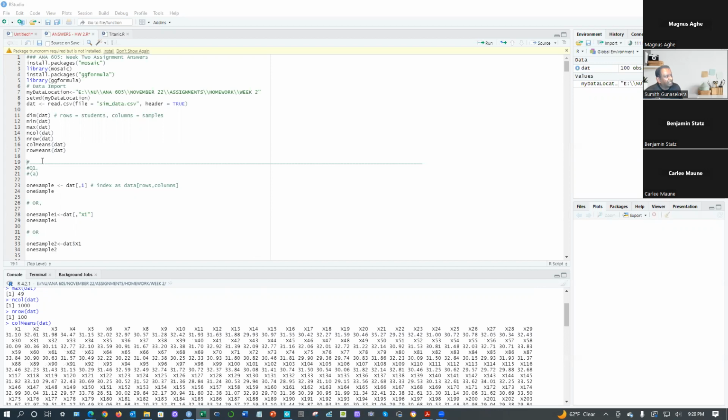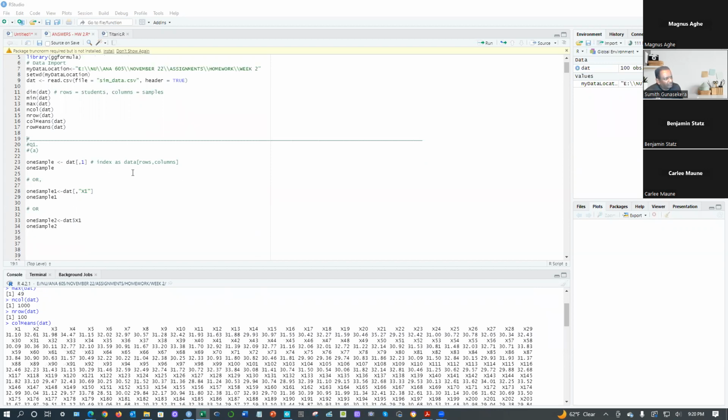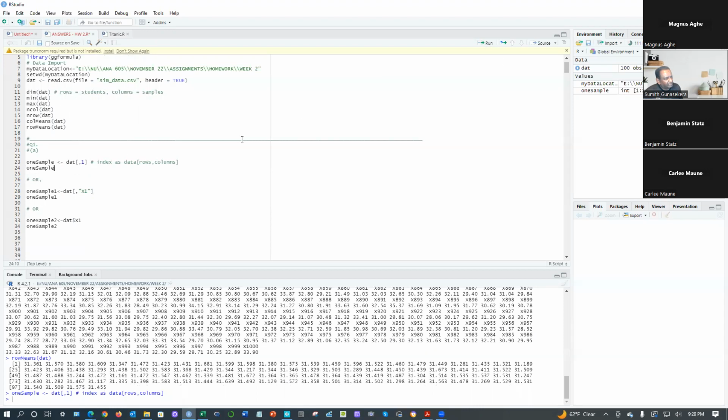Now what are you going to do? I'm going to pick up a sample. I can do this a different way. I'm going to go to data and say I need the first column only. I'm going to call that one sample.